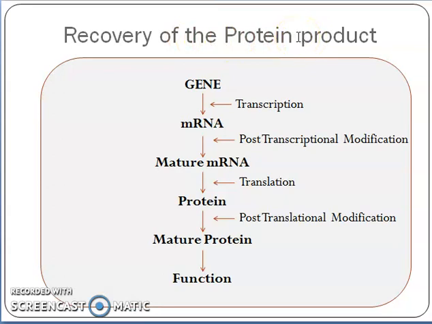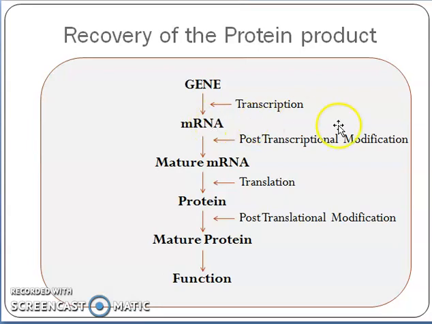You know very well that a gene is basically a short part of DNA which contains the genetic information necessary for the formation of a protein, and the protein is able to do its required function. For formation of protein from a given gene, there is a long step-by-step journey, and that entire journey is known as gene expression. The very first step of gene expression is known as transcription, which is the formation of mRNA by utilizing the information given in a gene.